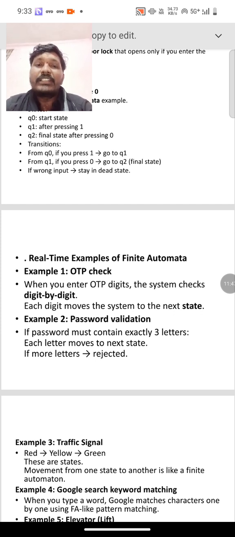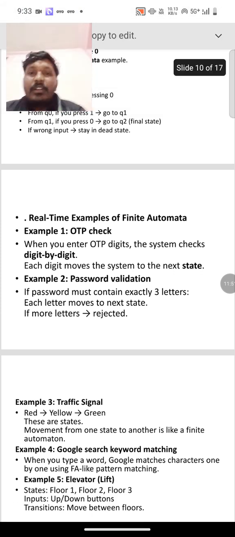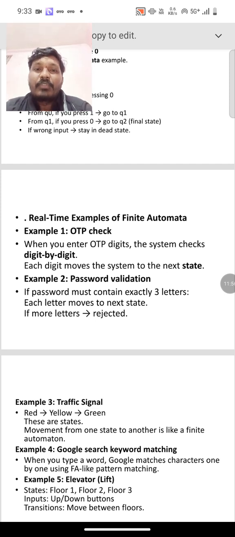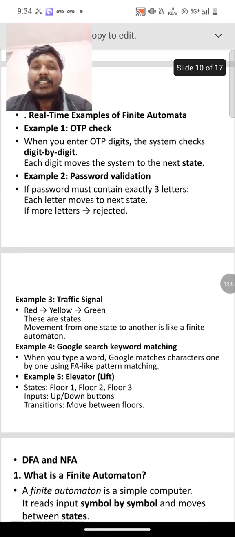Each digit moves the system to the next state. And one more example is password validation. If a password contains exactly 3 letters, each letter moves to the next state. If you enter more than 3 letters, it moves to the rejected state or dead state.